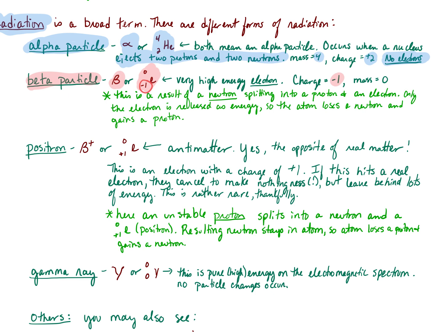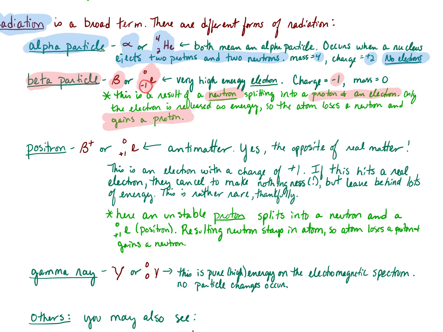It has no mass. It's just an electron. Well, it has the mass of an electron, which is teeny, teeny, tiny. What's happening here is that a neutron is splitting into a proton and an electron. So the atom loses a neutron and gains a proton. That will actually change the chemical designation of it, because remember, your atoms are designated by how many protons you have.